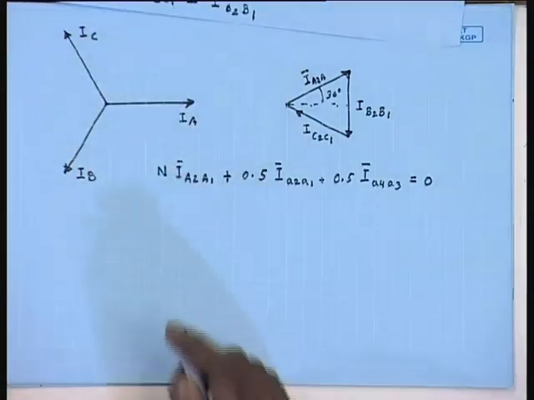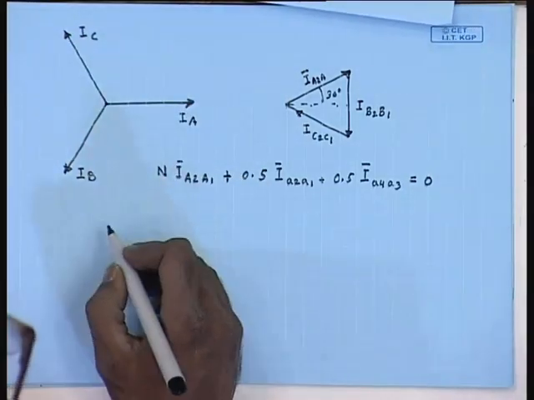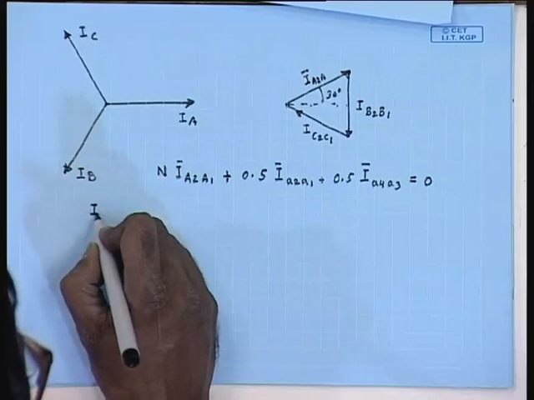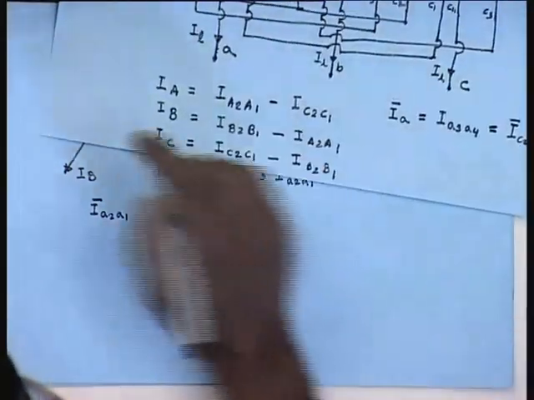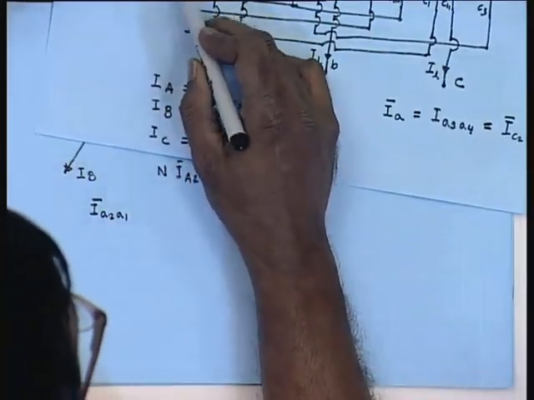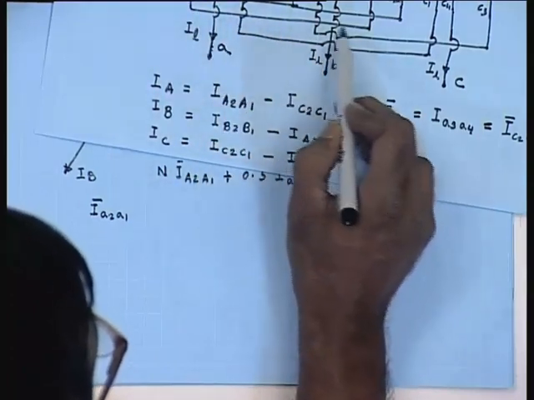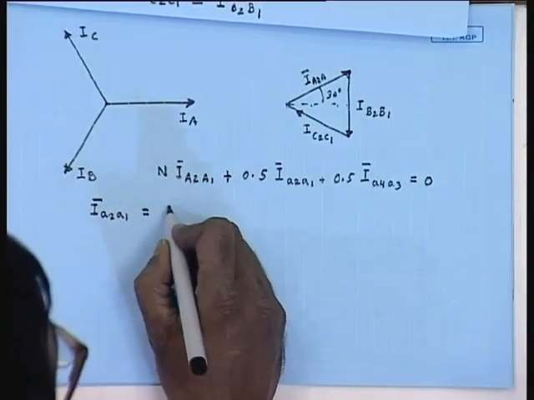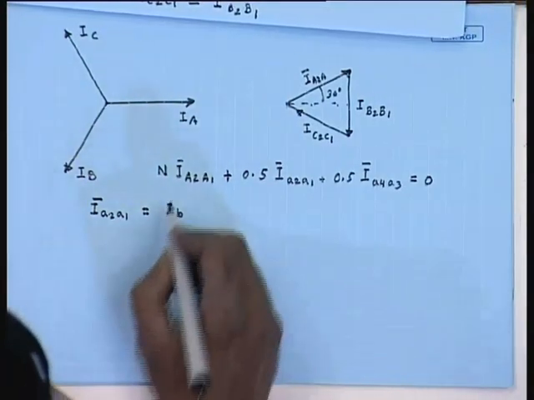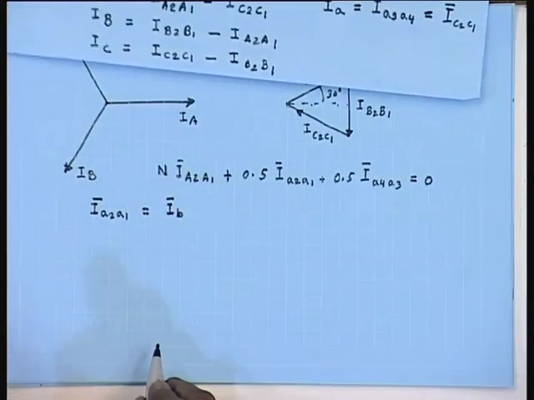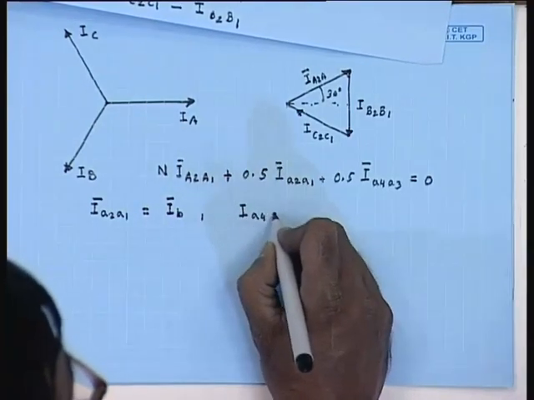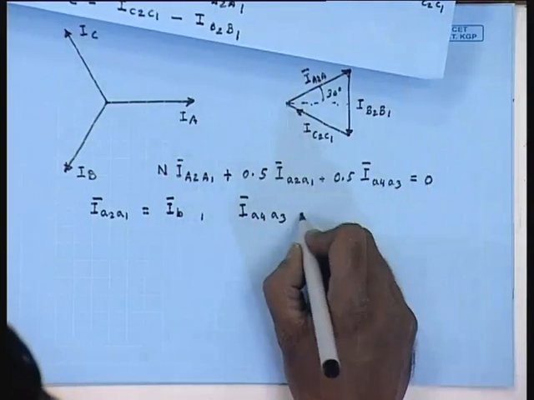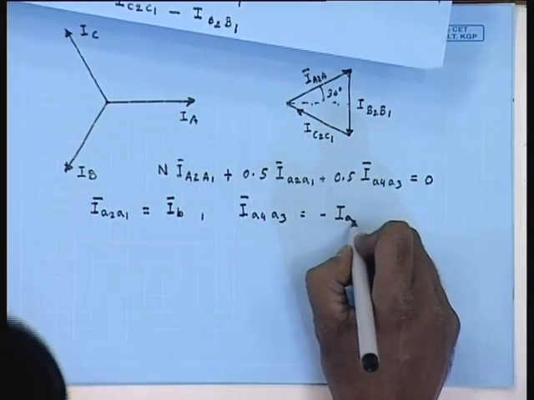But from the phasor diagram we have seen that I_A2A1, what is I_A2A1? I_A2A1 is this current flowing through this terminal, through this and coming out. So, this is equal to I_B. Similarly, I_A4A3, this we have already seen, this is equal to minus I_A.